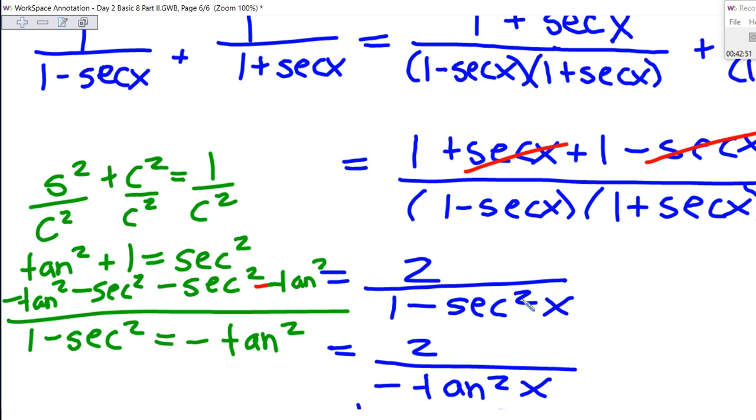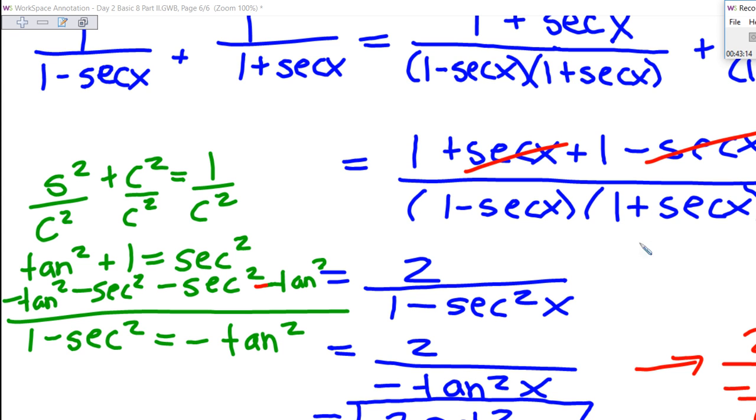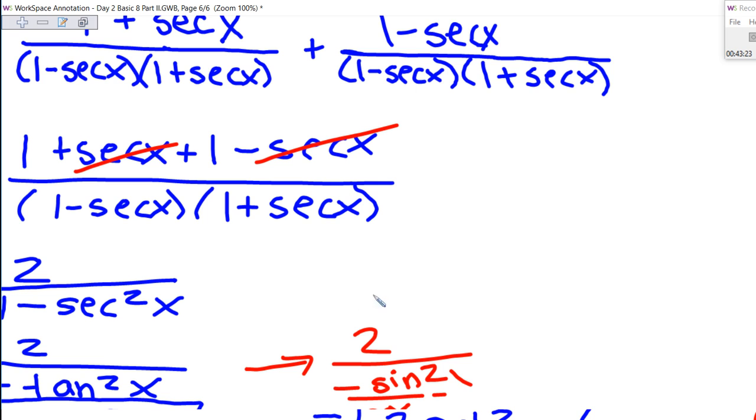You would just have changed tangent squared to sine squared over cosine squared. So that would be sine squared x over cosine squared of x.